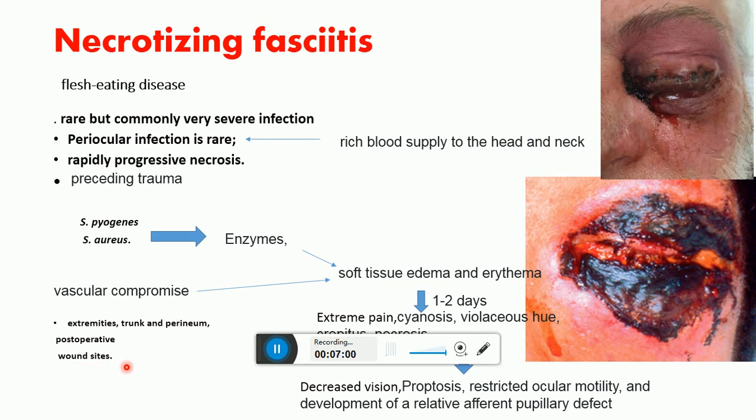Unless early aggressive treatment is instituted in the form of surgical debridement and high-dose intravenous antibiotics, death may occur.